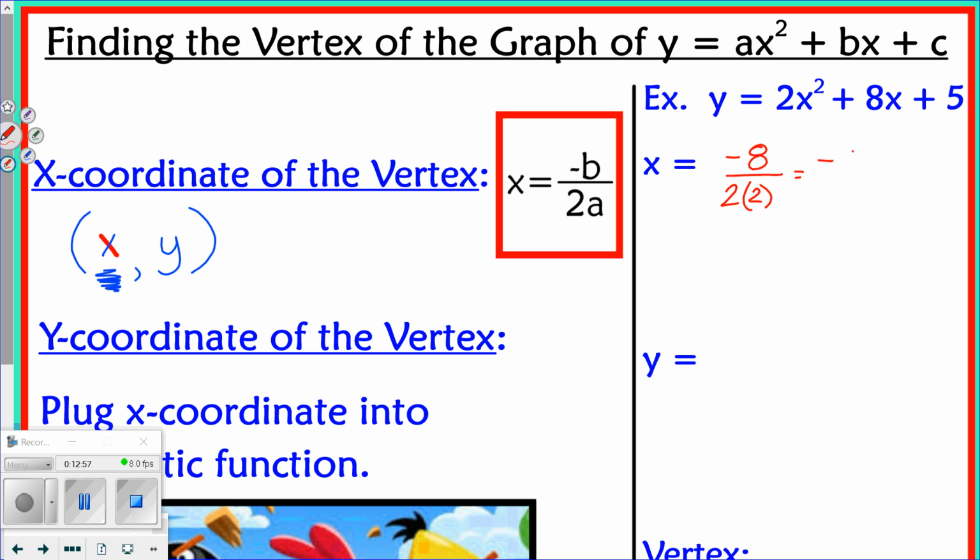All right, so that makes negative 8 over 4, which is negative 2. There we go. So you just found the x part of your vertex. You just do negative b over 2a and simplify it and see what you get. That's the x part.